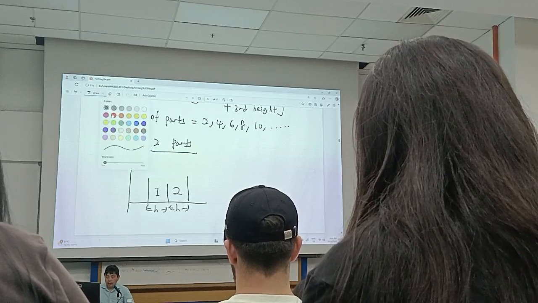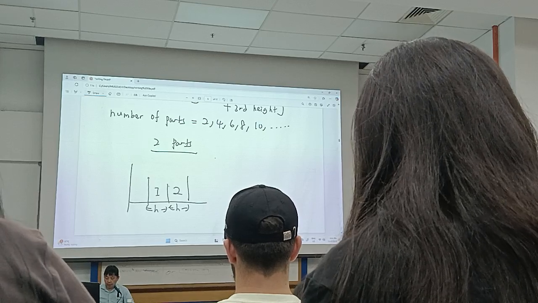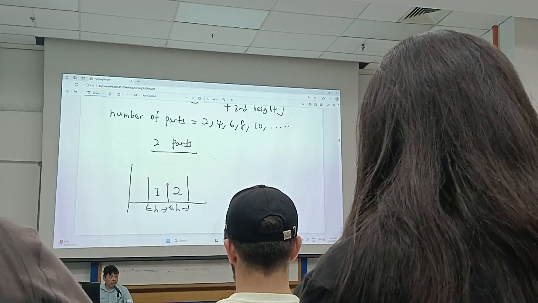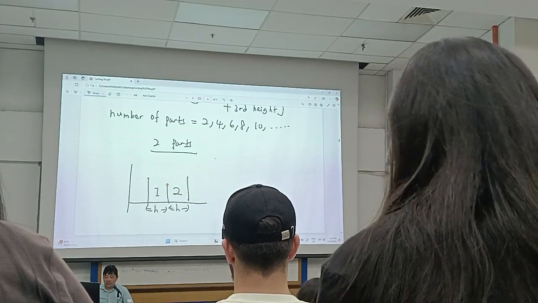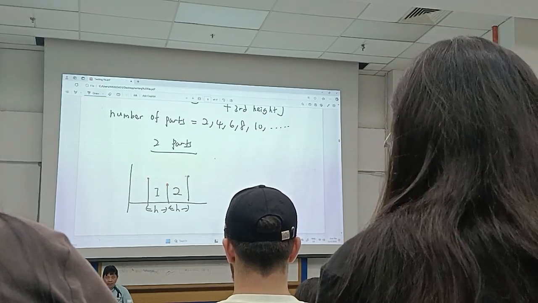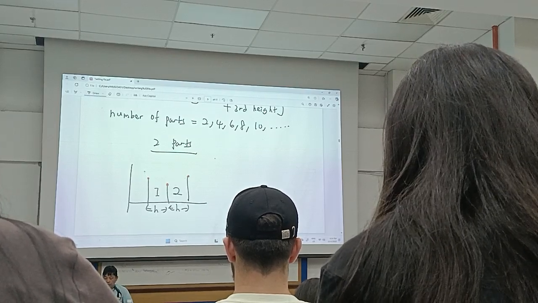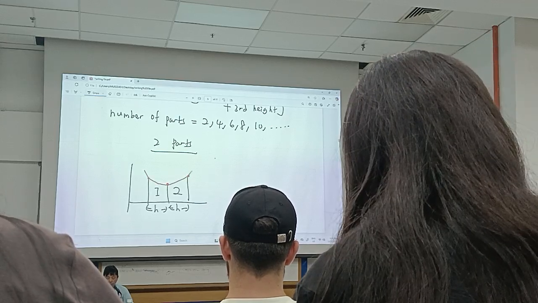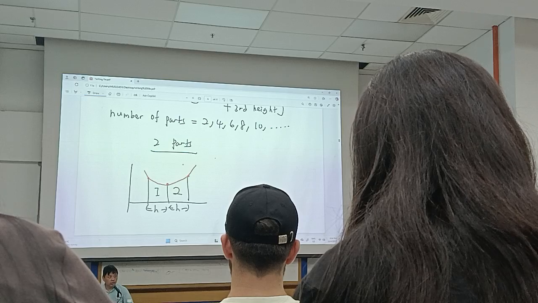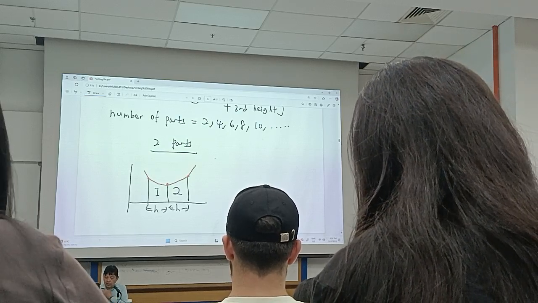So when we divide into 2 parts, there will be how many points? Just now we did it, right? The quiz. Divide into 2 parts. How many points? 3 points, right? So these 3 points will form a parabola. So in order to form a parabola, you need 3 points. That's why we must divide into even numbers. Okay? So this is a parabola.